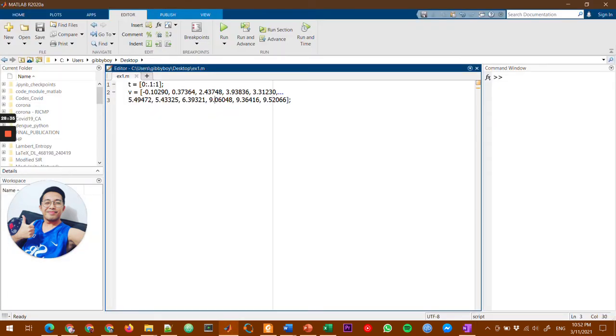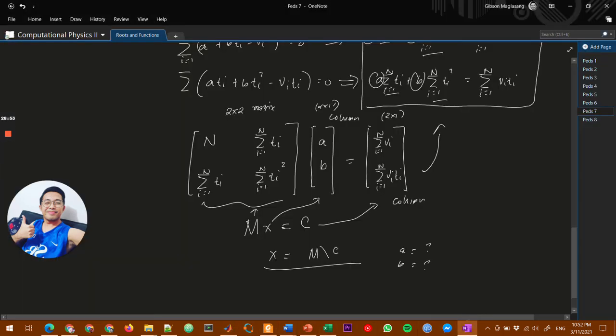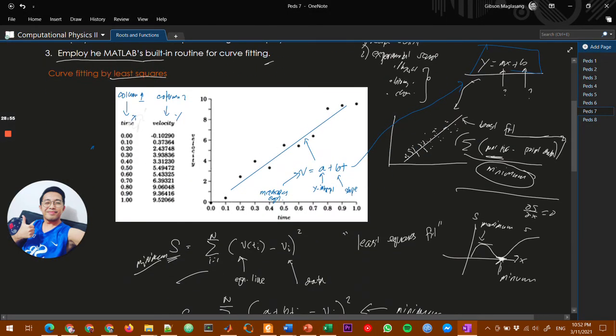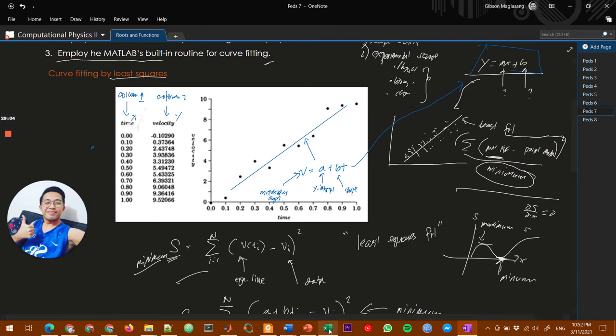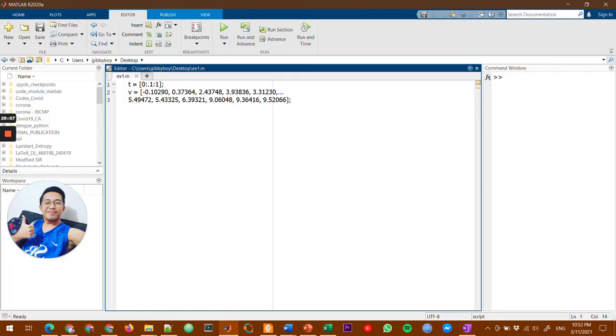Okay, I have MATLAB open here. And then, of course, we need the data to determine our best fit line. So this is the data. I created points in x from 0 to 1 with an increment of 0.1. Then the velocity I manually encoded.